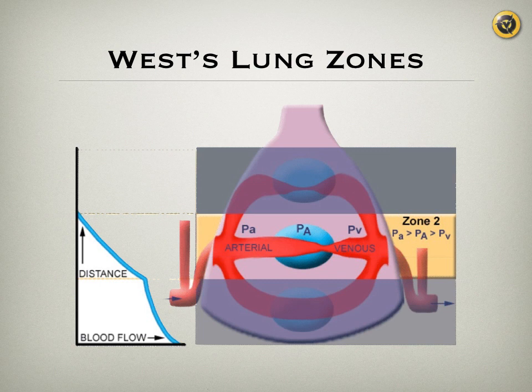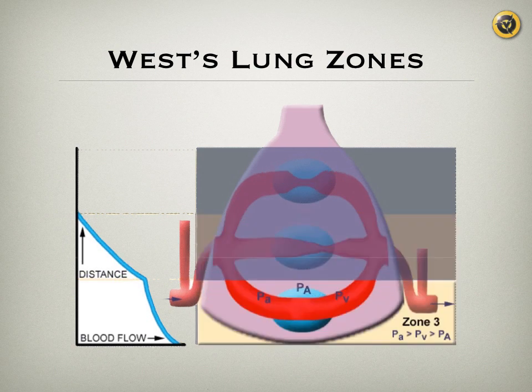But look at the third lung zone, the base of the lung. The base actually has the highest pulmonary artery pressure because it's the 25 millimeters of mercury plus the gravity effect on the blood below the heart. In addition to that, the alveoli are at the bottom of the lung and compressed, and the diaphragm moves here very significantly. So these alveoli completely collapse and completely open every time the patient takes a breath and exhales.